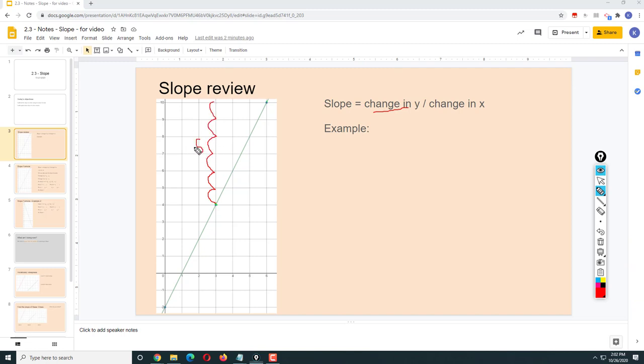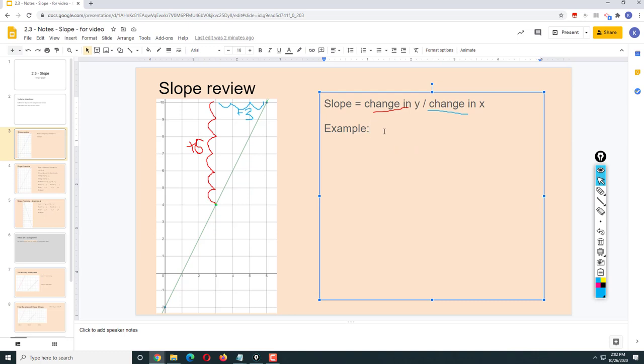We're going up by 6. And then the change in x will be 1, 2, 3, plus 3. So that means that the slope is going to be the change in y is 6, the change in x is 3, so the slope is 2.